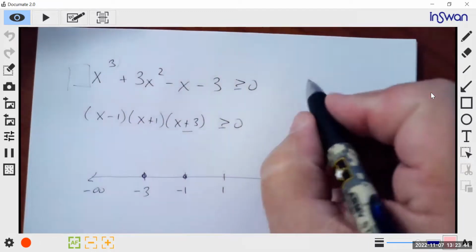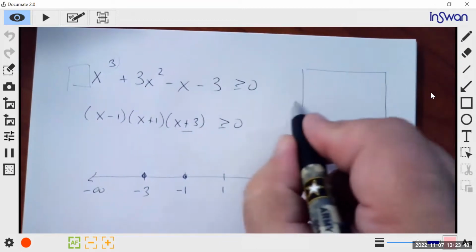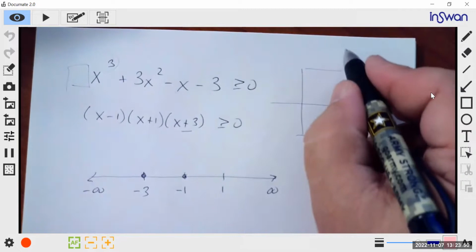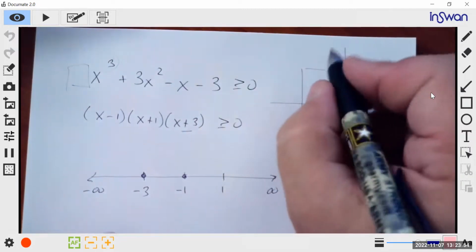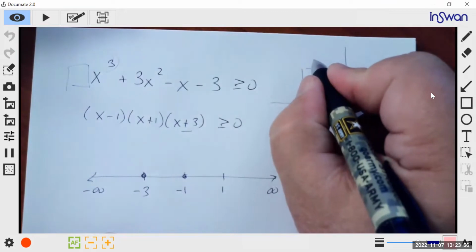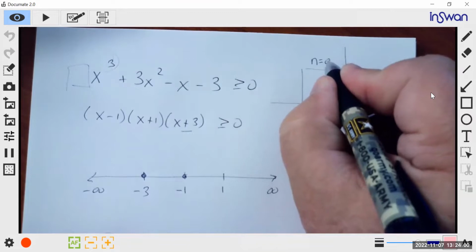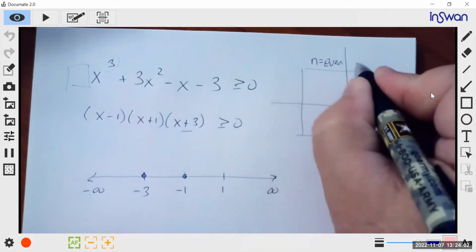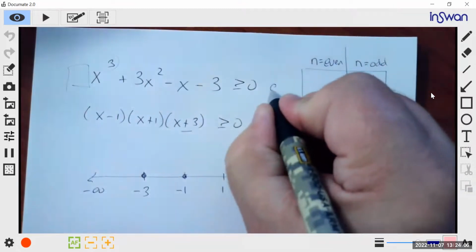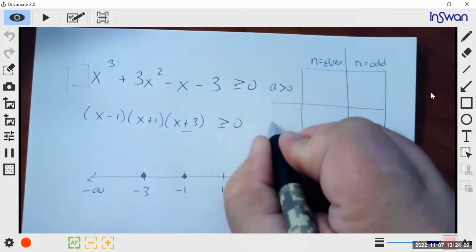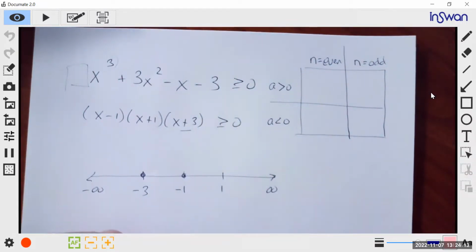We even made this little chart. If n is even, or if n is odd, if A is positive, or if A is negative. Remember that chart?